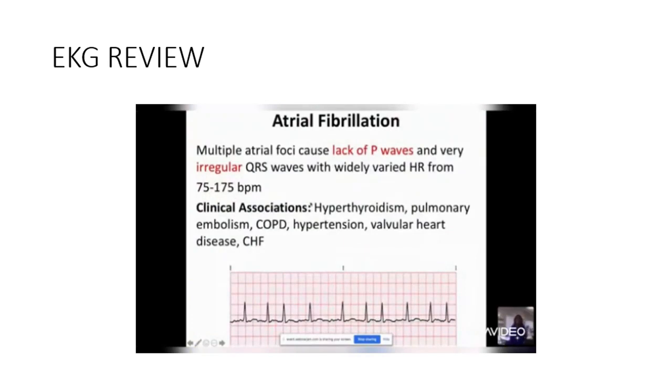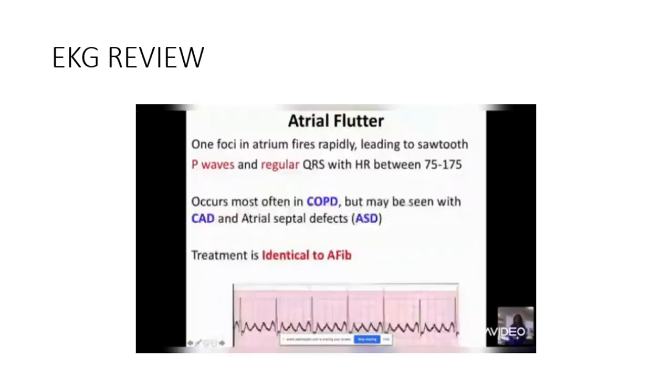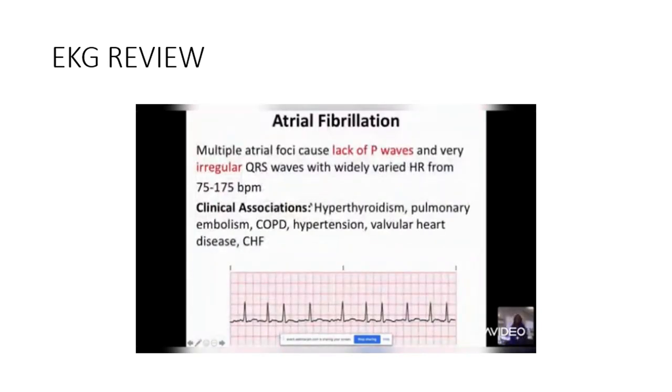It's lacking the P waves. And it's irregular. Okay, flutter was regular QRSs. Fibrillation, they're irregular. So if you were to count R to R, you see how the first R to R looks like it's about 3 big boxes. The next R to R looks like it's about 2 big boxes. The next, so you see that they're not regular. So that's the difference between atrial flutter and atrial fibrillation.